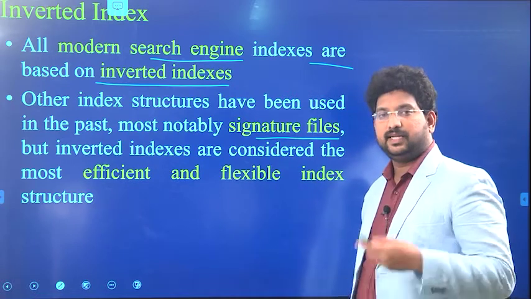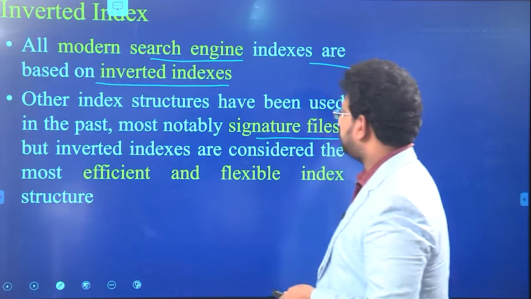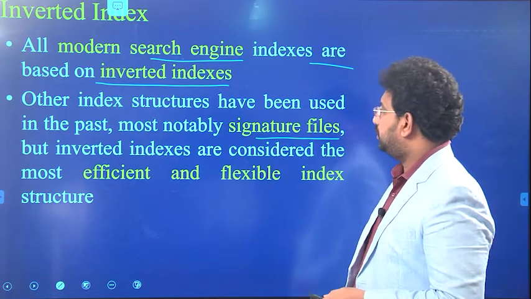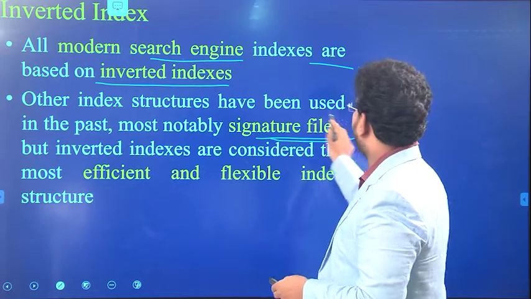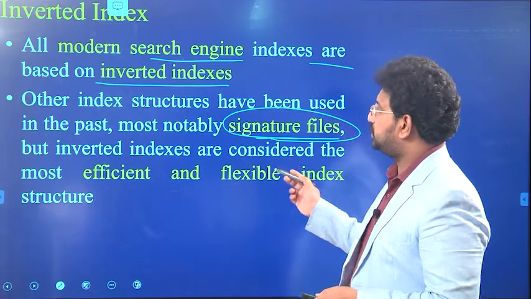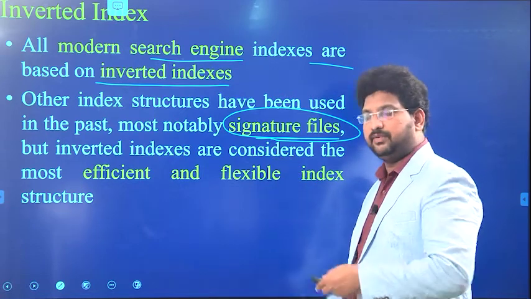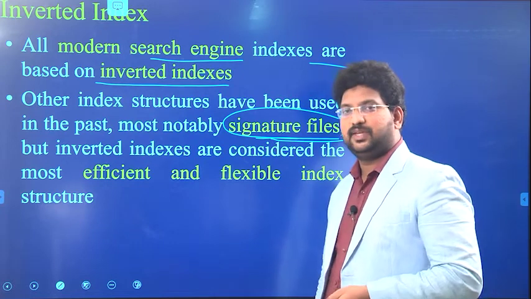We can name them as signature files. Other index structures have been used in the past, most notably signature files. This is one of the indexing concepts or data structures used before inverted indexing. It is like the fingerprints we discussed in the previous concepts.